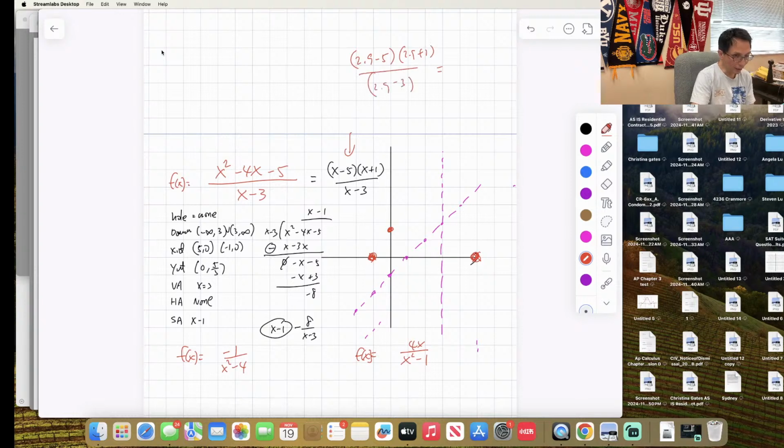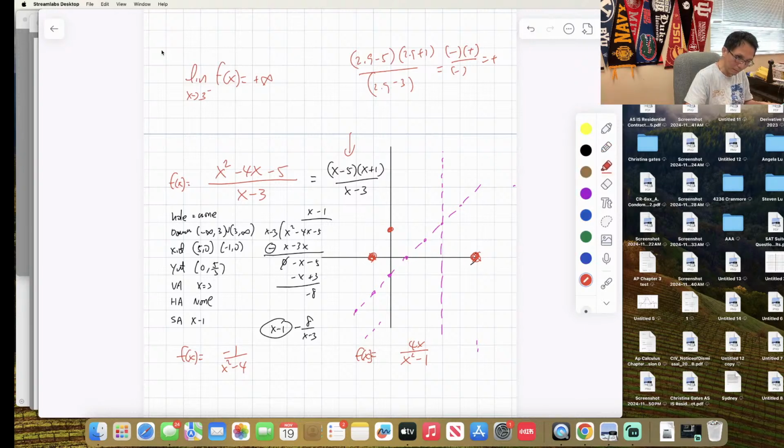I only need to pay attention to the sign. So it's negative, positive, negative, so it's equal to positive. Therefore, if you really want to write it out correctly, the limit as x approaches 3 from the left of f of x is equal to positive infinity. Does that make sense? So this graph is going to go like this, and the other side is going to go toward the slant asymptote.